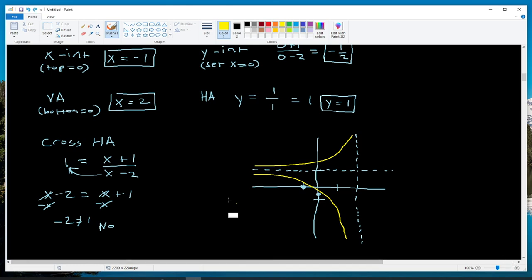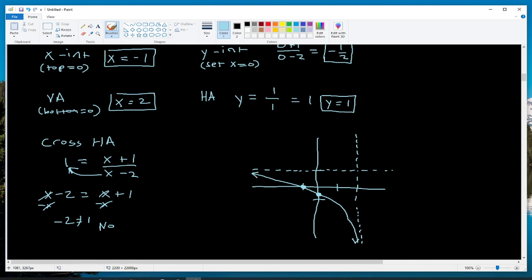So we've got to decide which of these cases our function looks like. Well, to the left of the vertical asymptote, if you're going to hit these two intercepts, if your line is up here on the top side, you can't hit these two intercepts. So because of where the x- and y-intercept fall, our graph is going to have to fall down here on the bottom side in this situation.